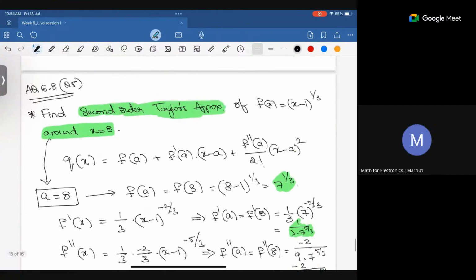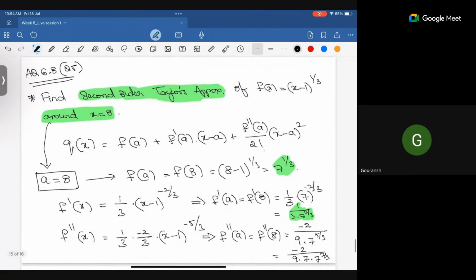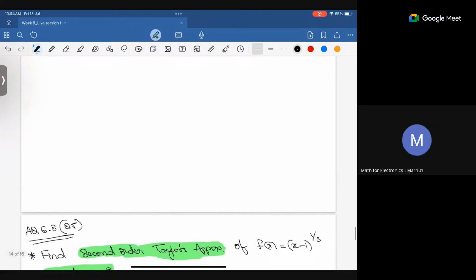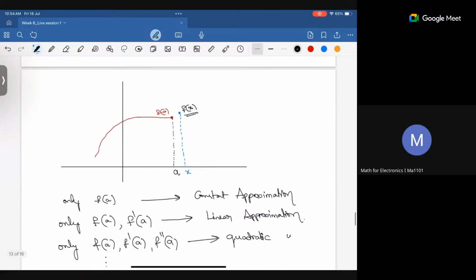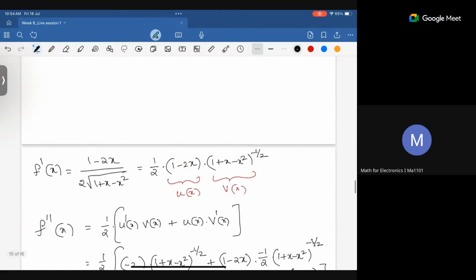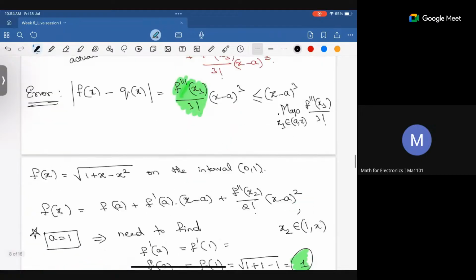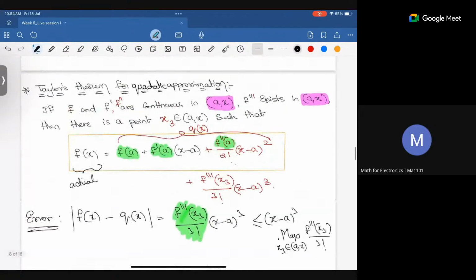So see, how to find the formula. Like, you took the q of x is equal to f of x. Okay, so as we were discussing, there is an approximation term plus there is an error term which will give the exact function value, right? Here in this particular example, they asked us the approximation value.